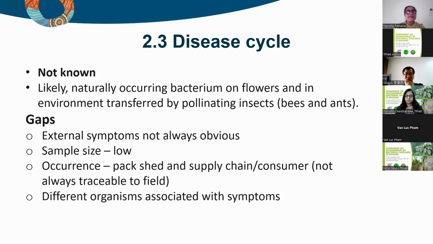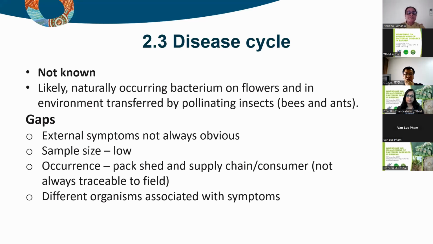At the moment, we do not have a very clear indication of the disease cycle of this pathogen. Likely, naturally occurring bacteria on flowers or in the environment may be the cause, transferred by pollinating insects like bees and ants. Most of the time we have seen ants nesting in these infected fingers.